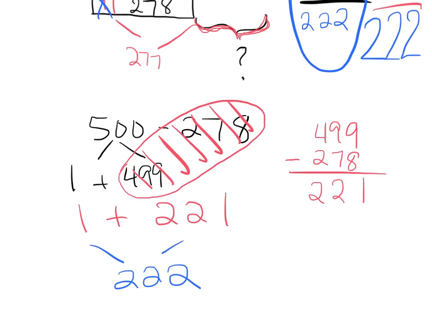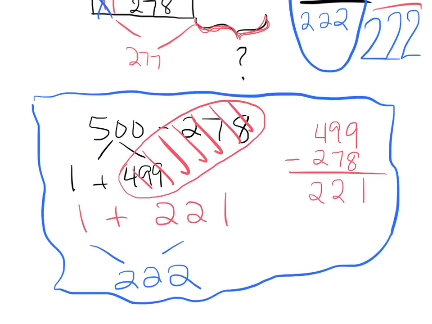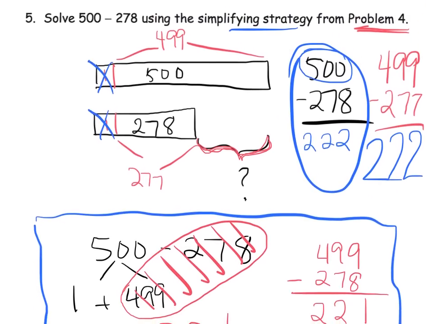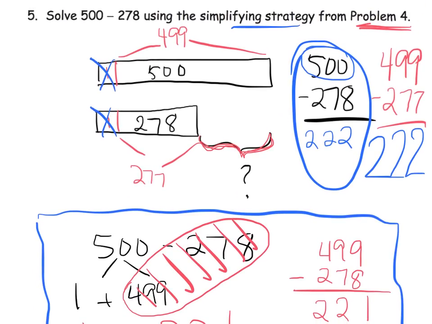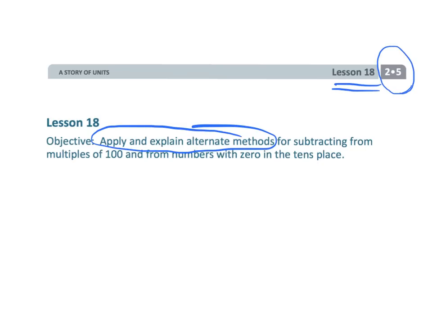So that's another way to think of it. I call that the decomposition method because we're decomposing 500. And so that wraps up problem 5. And that also wraps up grade 2, module 5, lesson 18, using some alternate methods to subtract.